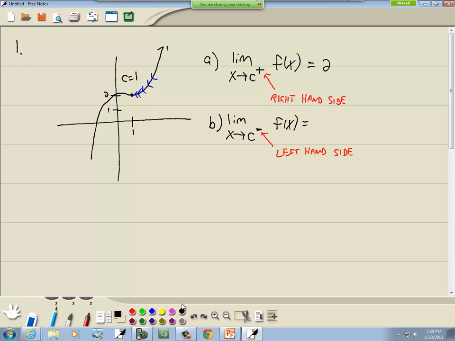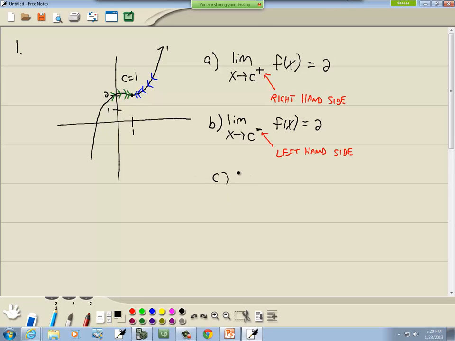Okay, so we're coming from the left-hand side here and getting closer and closer to x equals 1, so the y value is approaching 2. When you see it getting real close, you can just come over here to the y-axis and see what the y value is.